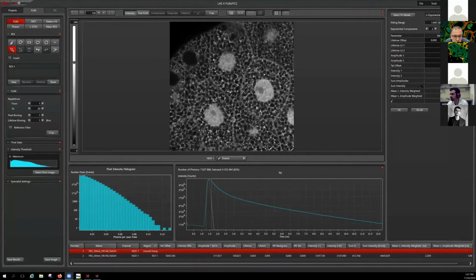So when we do the fitting, we get all these values: the sum of amplitudes, amplitude 1 and amplitude 2, and one can calculate this amplitude-weighted mean lifetime even if you would like just to check it yourself.